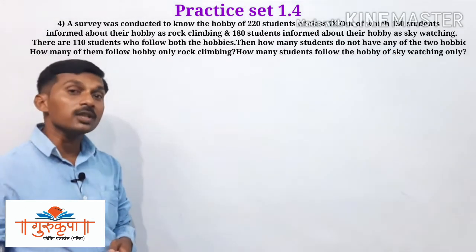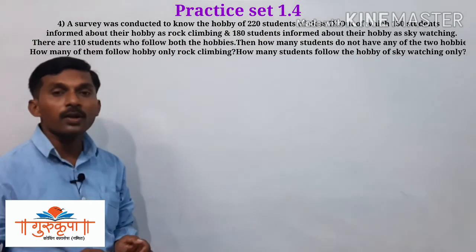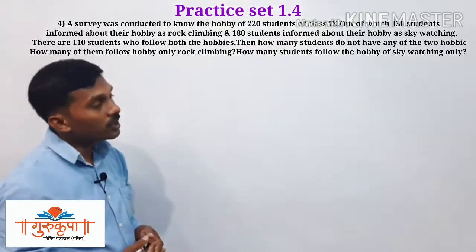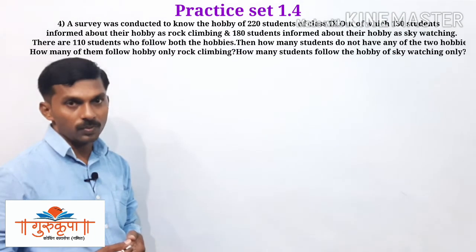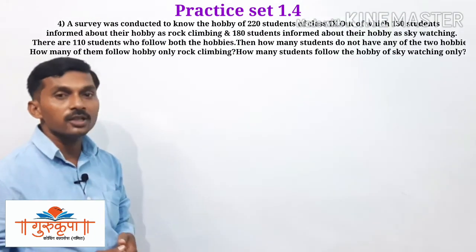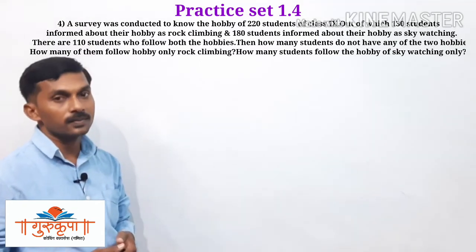And here we have three questions. The first question is, find the number of students who do not have any of the two hobbies. Find the number of students who have only rock climbing. And third question, find the number of students who have the hobby of sky watching only.